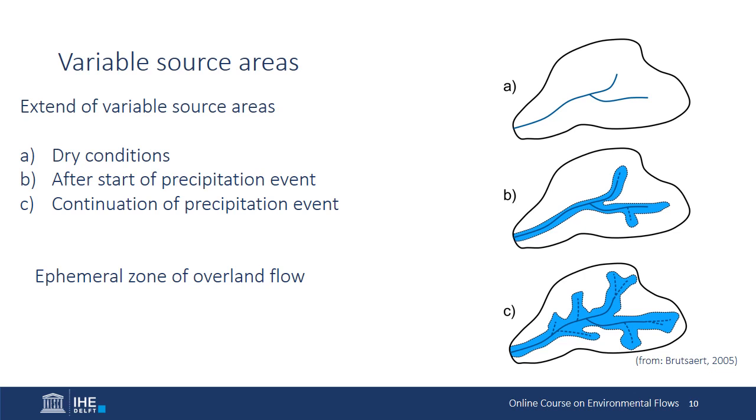Under dry conditions, only the streams take part in the discharge process. After the start of precipitation event, near stream areas becoming wet and can take part in that saturated excess overland flow, and under continuation of rainfall, these areas become bigger and bigger. We also call that ephemeral zone of overland flow.